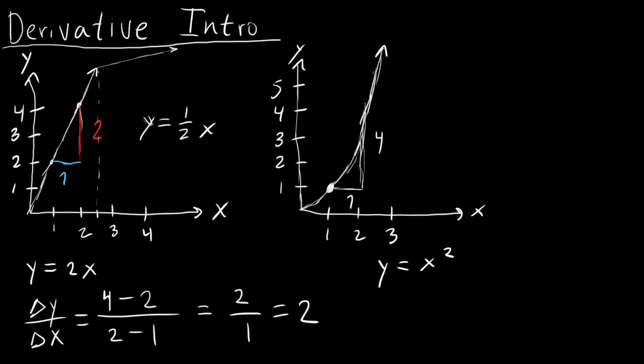No, it's not. Because if you see, the slope looks something more like this at this point. And this function obviously does not have a slope of 4. It has a slope less than 4.